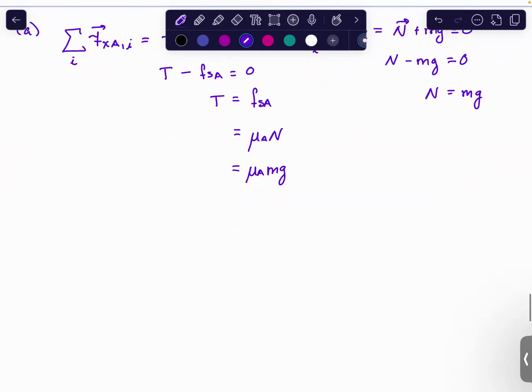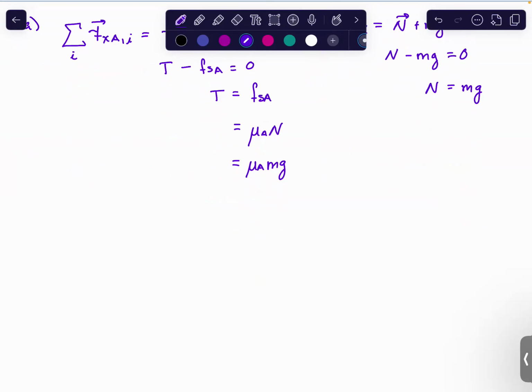So let's look at block B for a second. We're going to do the net force in the x direction.